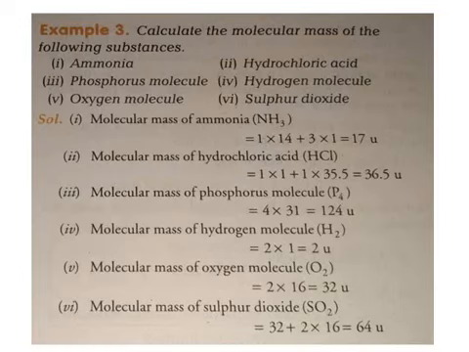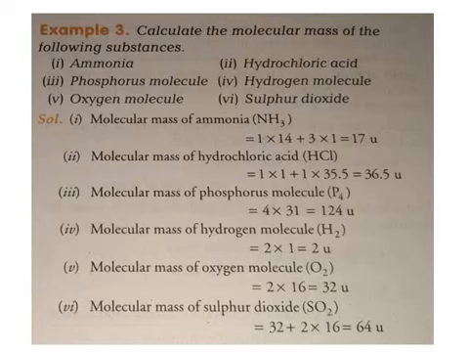So, 1 into 14 plus 3 into 1, so it comes to be 17 atomic mass unit. Similarly, for hydrochloric acid, the formula is HCl. Hydrogen is 1, chlorine is 35.5. Each one has only one atom. Therefore, totally it comes to be 36.5 atomic mass unit.